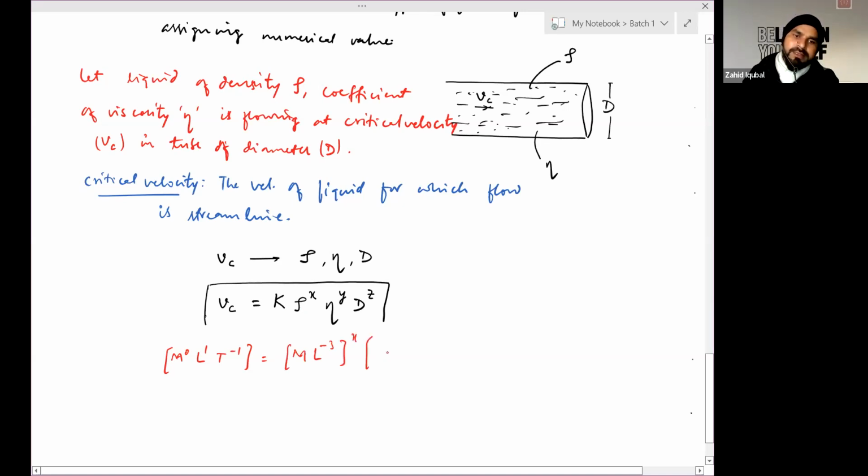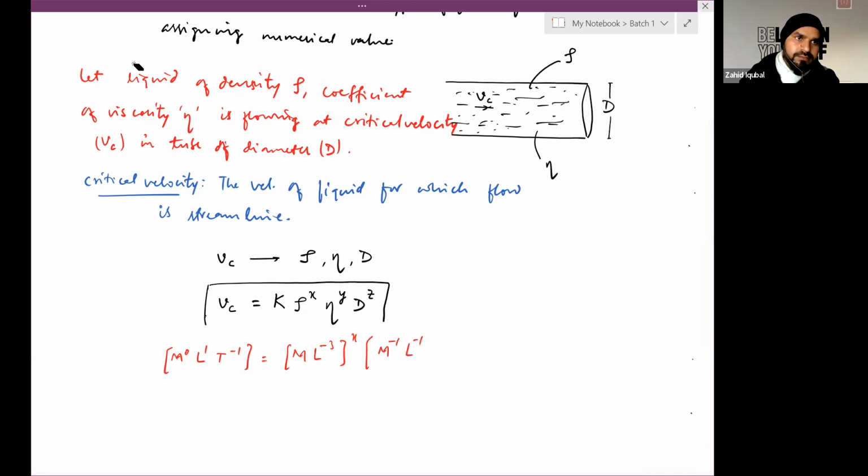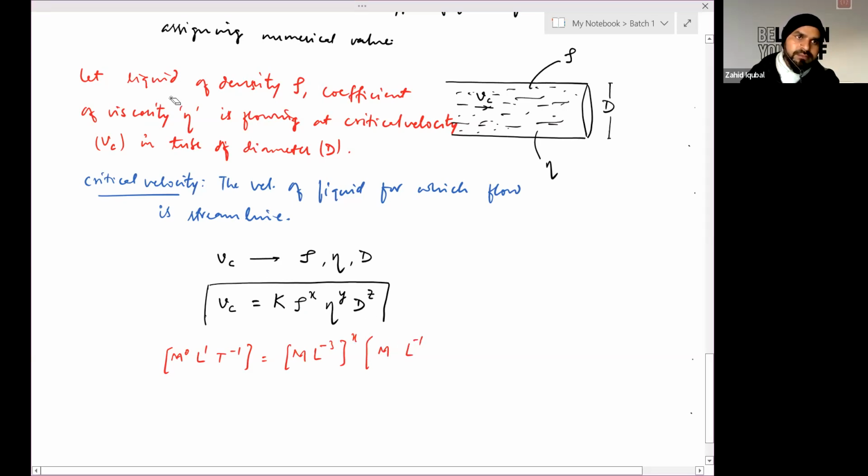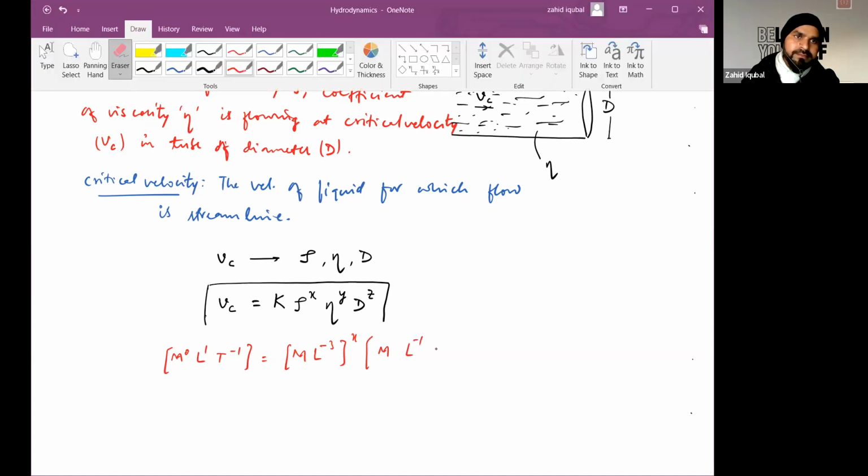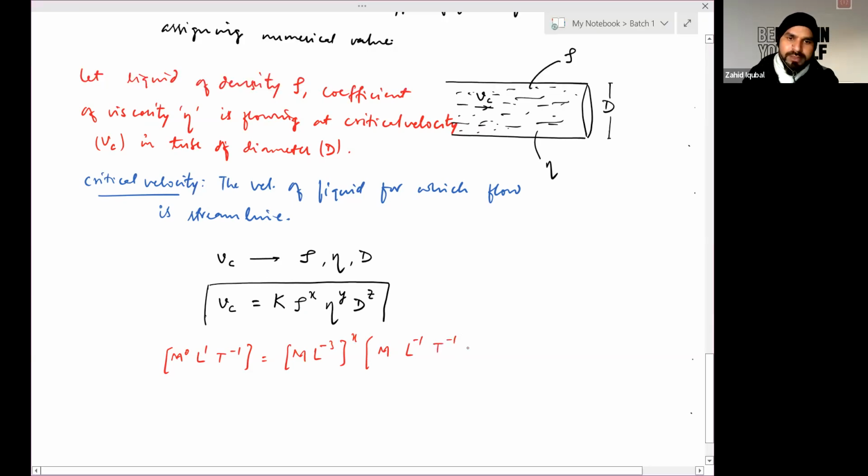Eta, ML^-1 T^-1, raised to y. Diameter, which is nothing but length, to the power z.